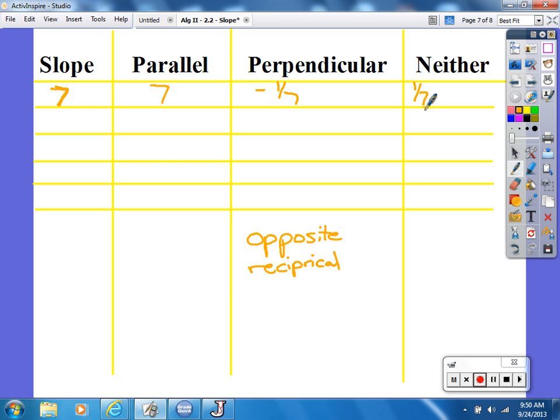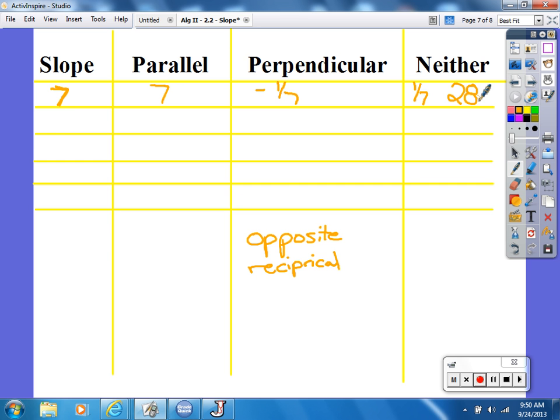Why is it neither of those? Good. It's not perpendicular, it's not parallel. By the way, it didn't have to be 1/7. Josh, favorite number? Any number? 28. If it had been 28, that would also be neither, right? Okay, so neither is anything that doesn't make it parallel or perpendicular.